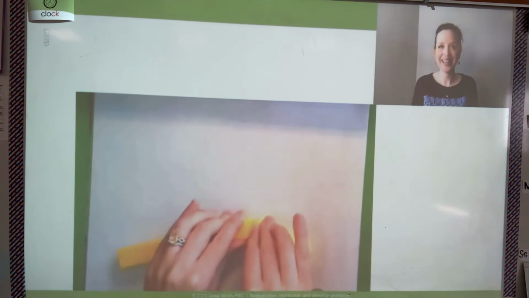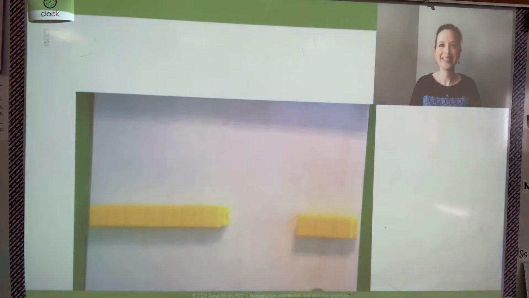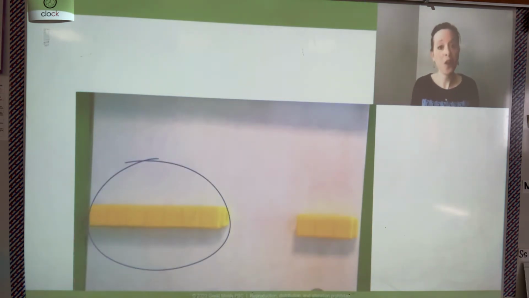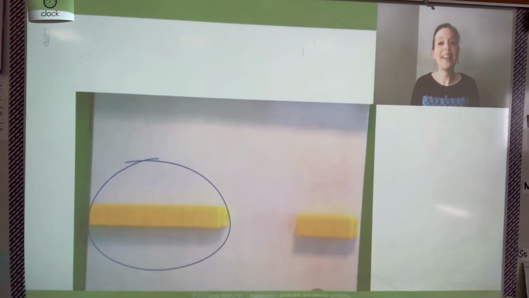Break. And we can put the 3 cubes to the side. Now, how many do you have left? Show me with your fingers. How many do you have left now that you broke off 3? Let's see if we're right. Now say it. That's right, we have 7 left.